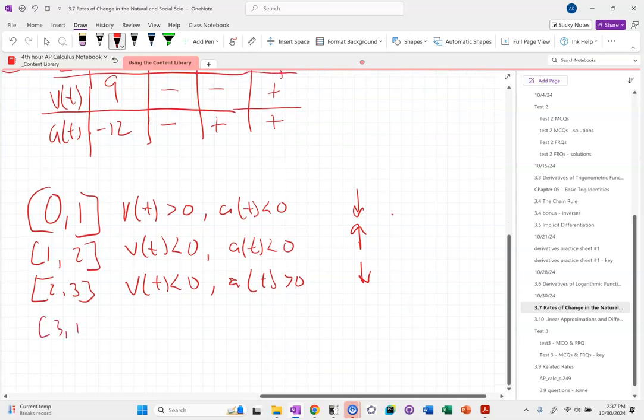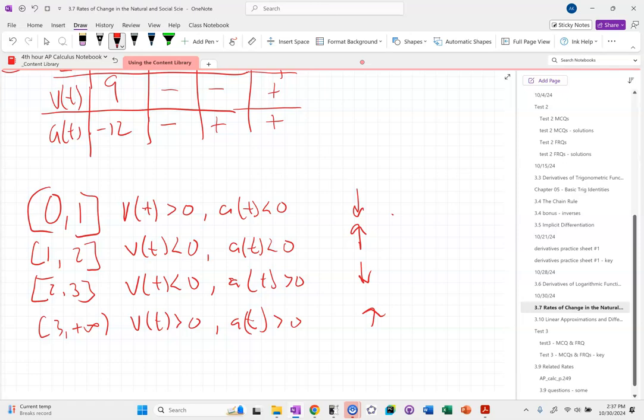And then from 3 on, both of them are positive, so we're speeding up. Does that make sense? So they're both the same side, they're speeding up. When they oppose each other, they're slowing down.